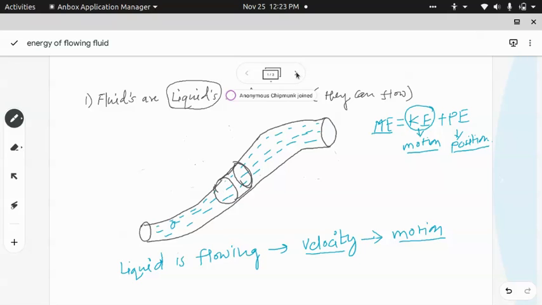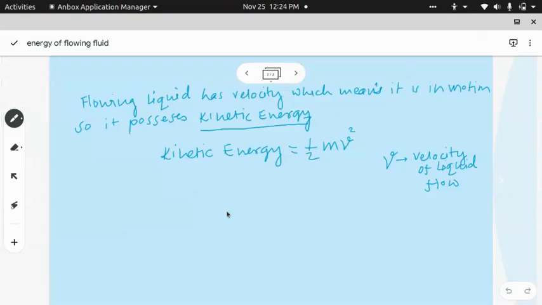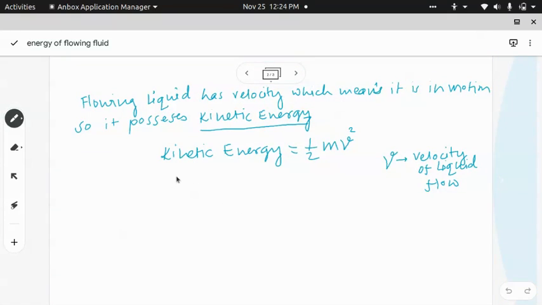So let us come towards our current jam, that is the second jam. You can have the concept of kinetic energy in this way.